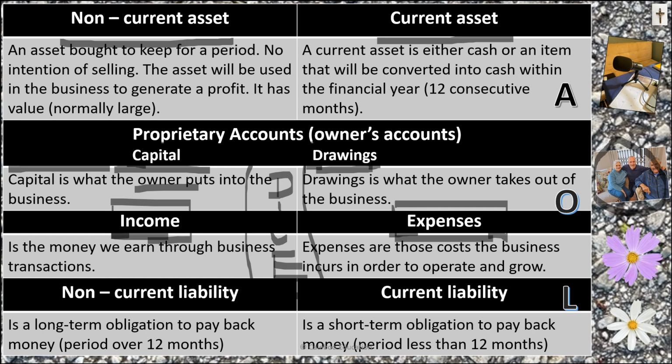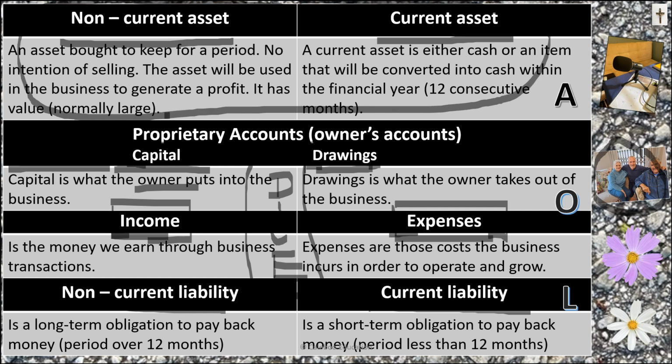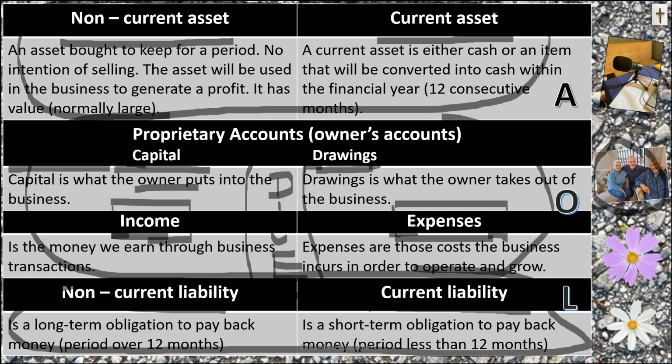Then also we went through non-current liabilities and current liabilities. And have a look at this. Assets, owner's equity, and liabilities. And that gives us the accounting equation. Assets, the value of my assets is equal to the value of owner's equity plus liabilities.